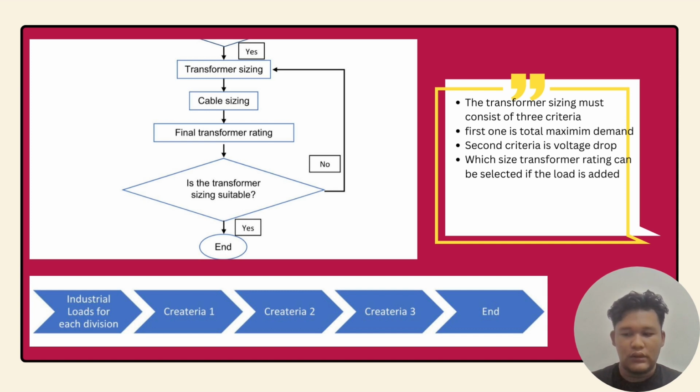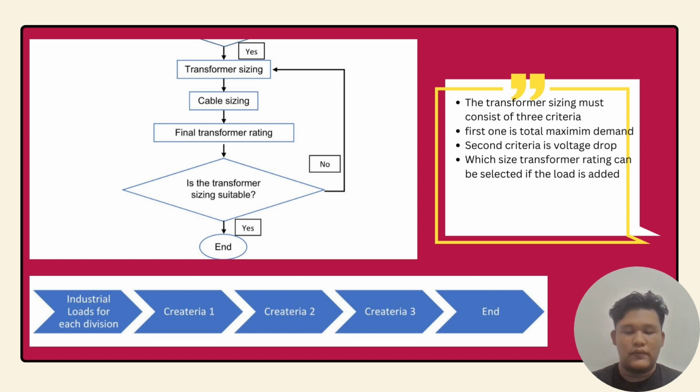And next, if the total loading is over 10,000 kVA, the transformer sizing is calculated. And next the cable sizing is calculated. After we get the transformer sizing and the cable sizing, the final transformer rating is selected.